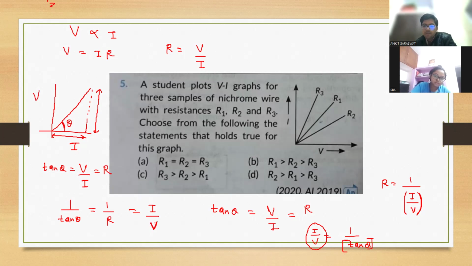Yes, sir. Now, tan theta is the slope of V versus I. And 1 upon tan theta is what? It is cot theta.